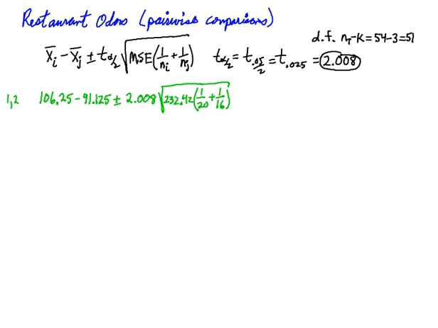Now as we calculate through that, we get 15.125 plus or minus the margin of error 10.27. And we really don't need to build the final confidence interval, we can recognize that when you add and subtract 10.27 to 15.125, you're going to get a lower end and upper end being positive.